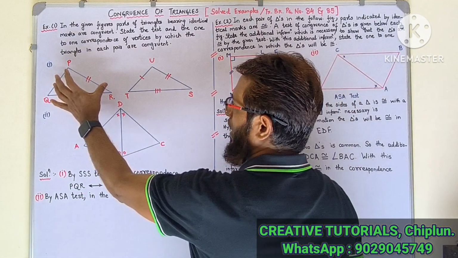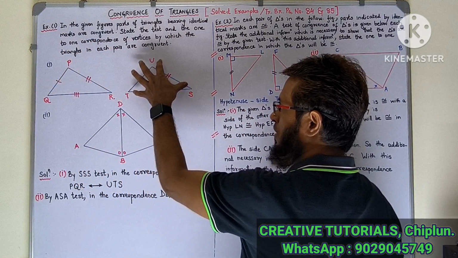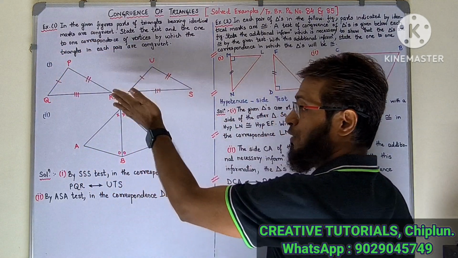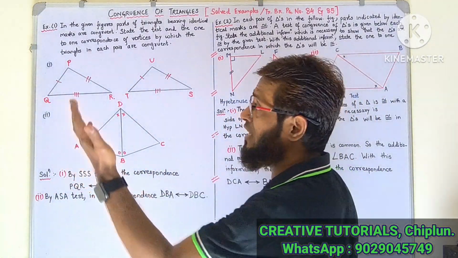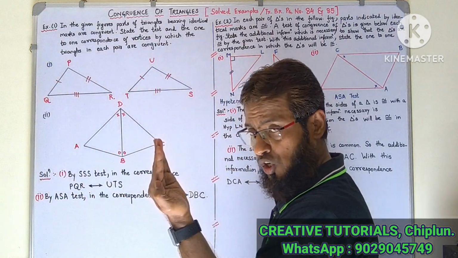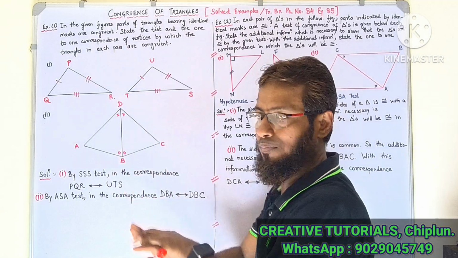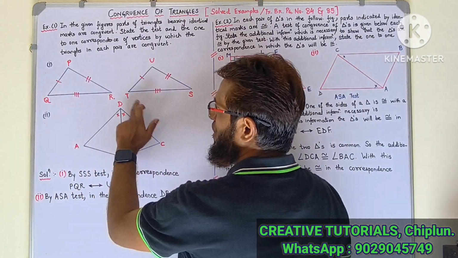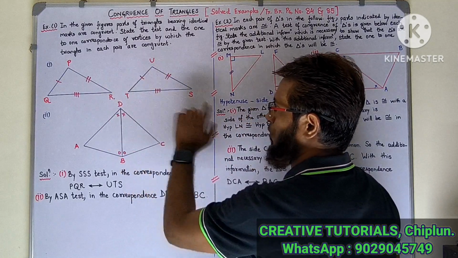You can see if I remove this triangle and keep it on this one, it will get superimposed. So you will not come to know whether P is in the front or vertex U is in the front, because they will get superimposed, they will get overlapped. Similarly, Q and T will get superimposed, and R and S vertices will get superimposed.